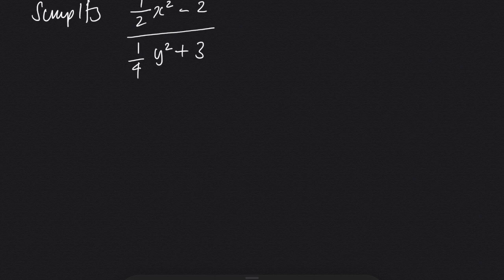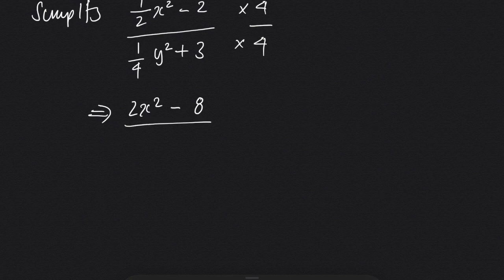We can get rid of this by multiplying the top and the bottom by 4. So 4 times a half times x squared equals 2x squared, minus 2 multiplied by 4, which gives us 8, all over a quarter times 4, which is 1, so we can just say y squared, plus 3 multiplied by 4, which will give us 12.